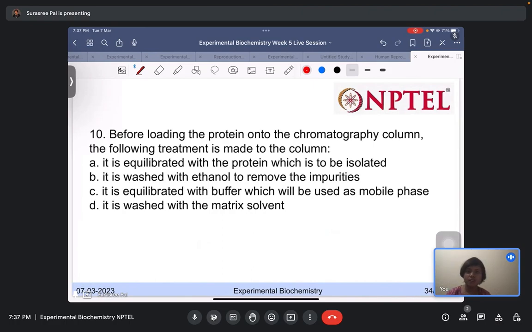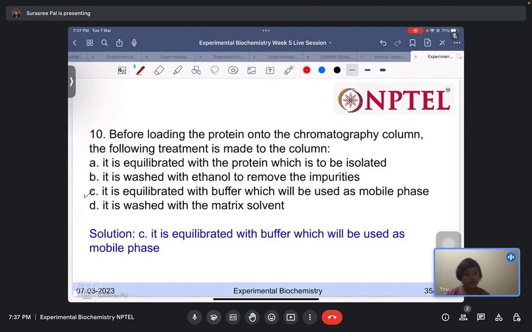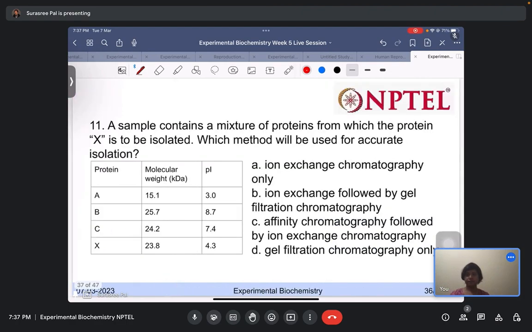So before loading the protein, we should always equilibrate the column with buffer, which will be used as a mobile phase. So this one is the correct answer. There should be equilibration of the column. Next question.